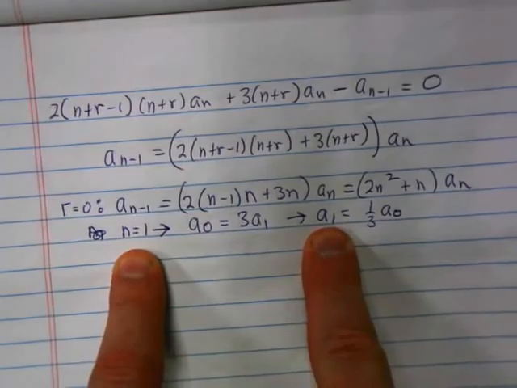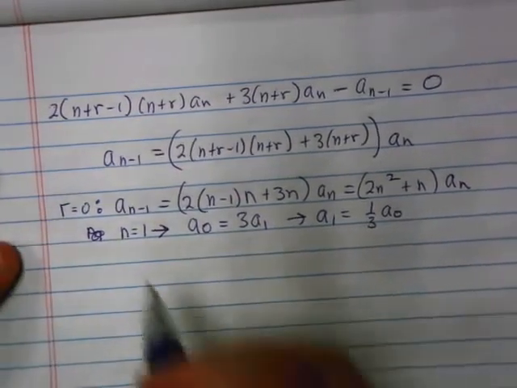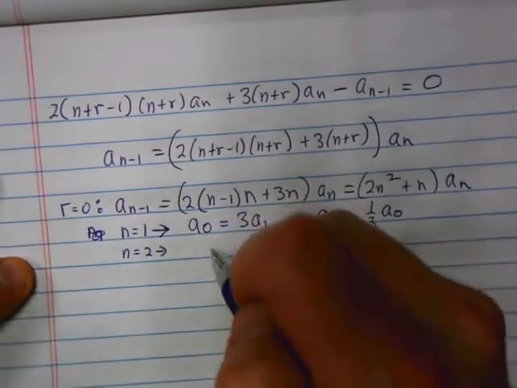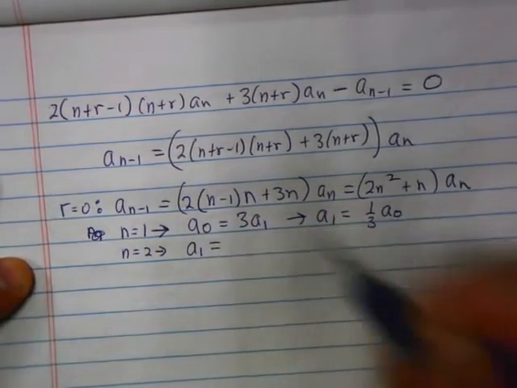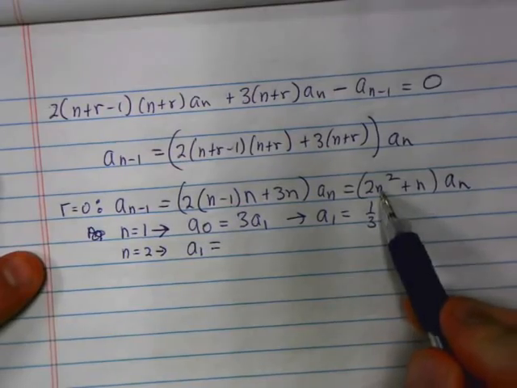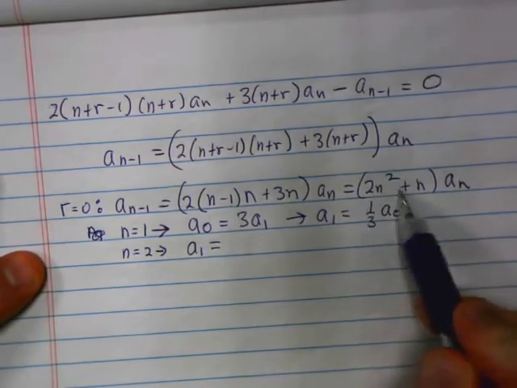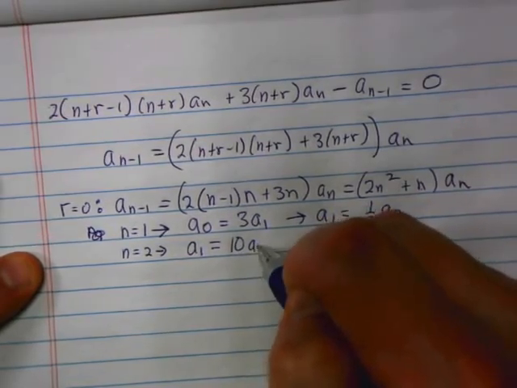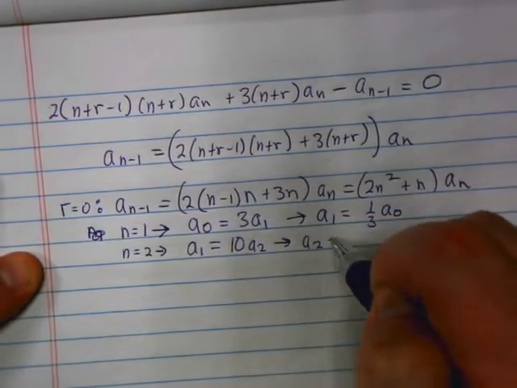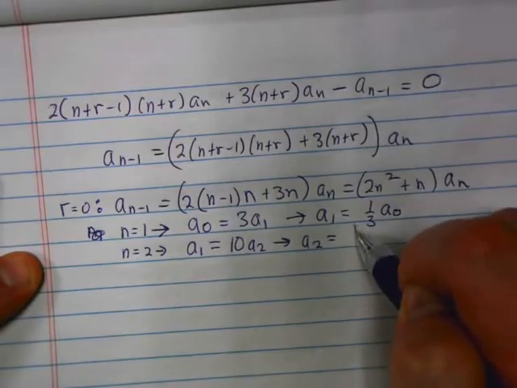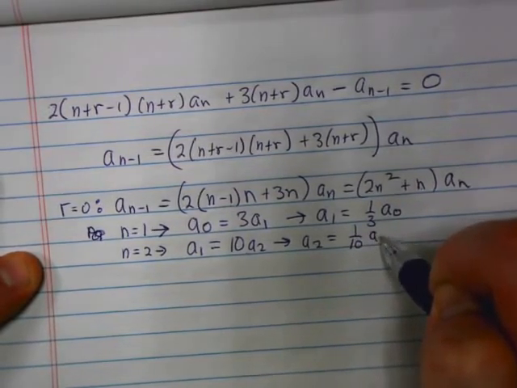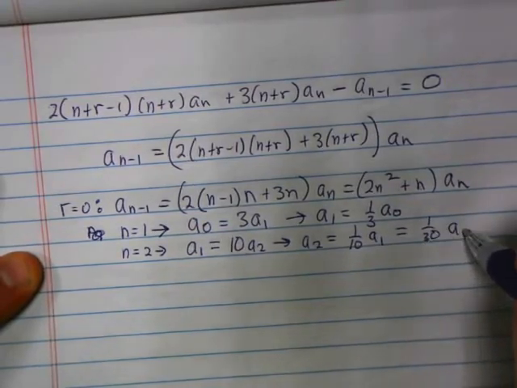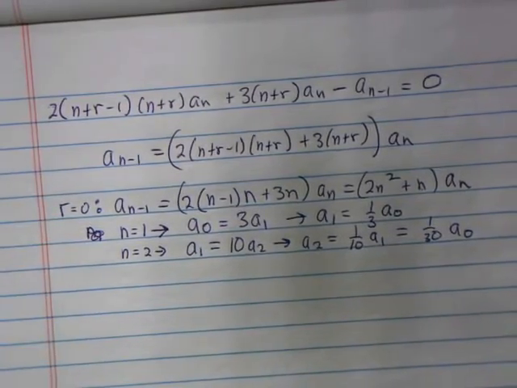That didn't happen before, but it happens here. N equals 2. If n equals 2, I get a sub 1 is, I plug in 2, 2 squared is 4, 4 times 2 is 8, 8 plus 2 is 10, 10 a sub 2. So a sub 2 is 1/10 a sub 1, which is 1/30th a sub 0.